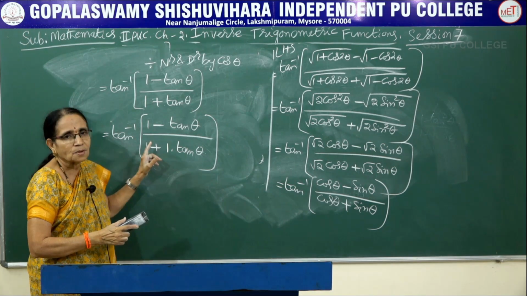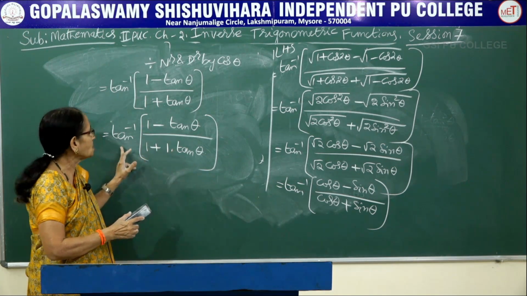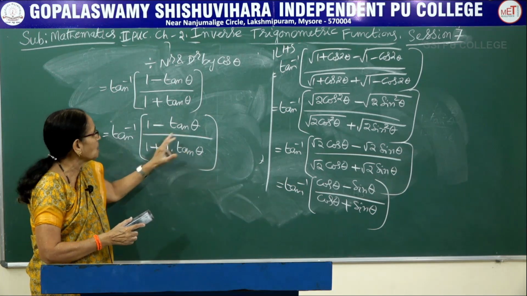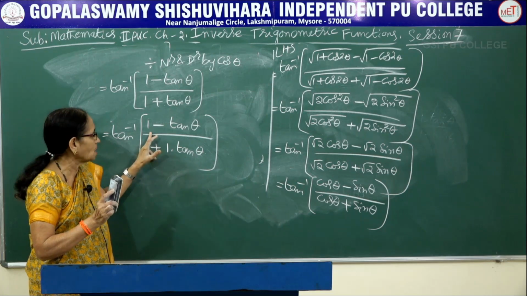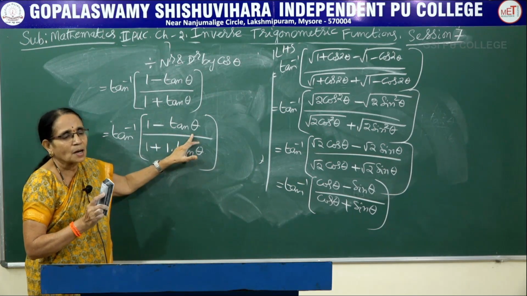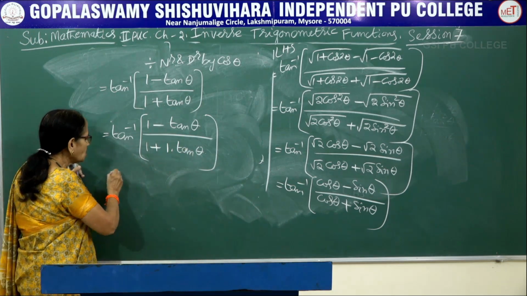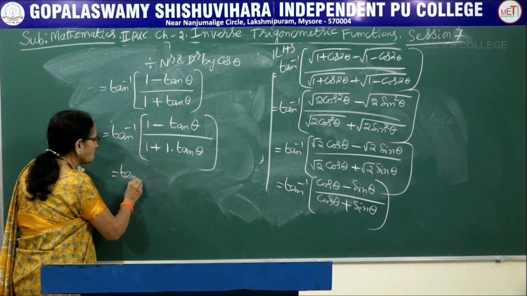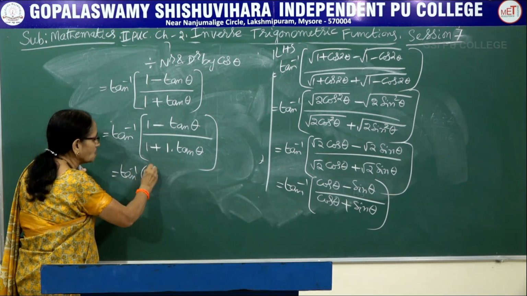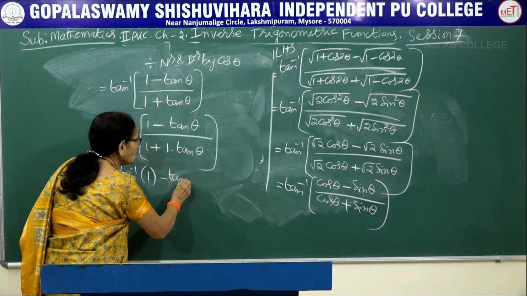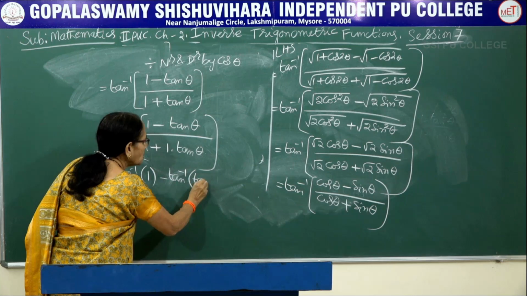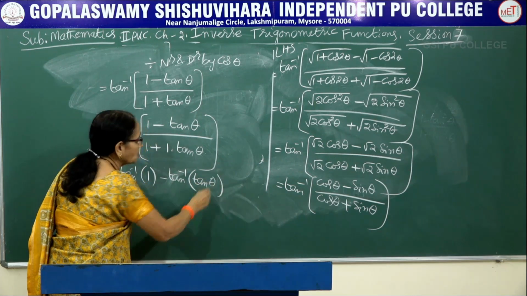Now again the fourth result, what does it say? Tan inverse of x minus tan inverse of y is tan inverse of x minus y over 1 plus x into y. In the place of x, 1 is there. In the place of y, I am having tan theta. So how do you rewrite this one? I can write it as tan inverse of 1 minus tan inverse of tan theta.